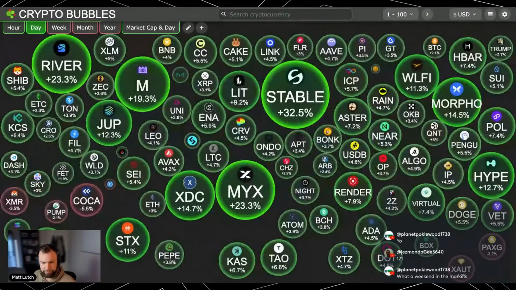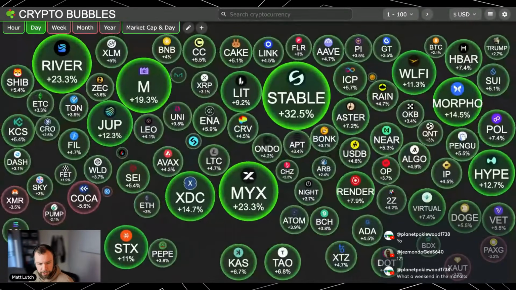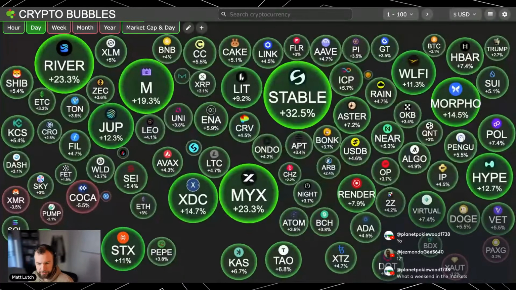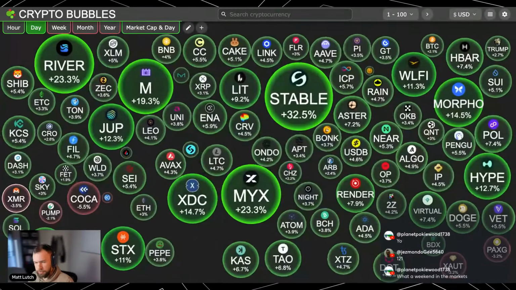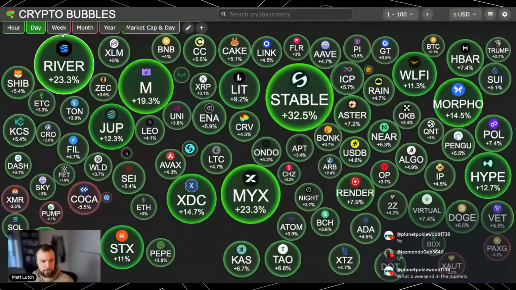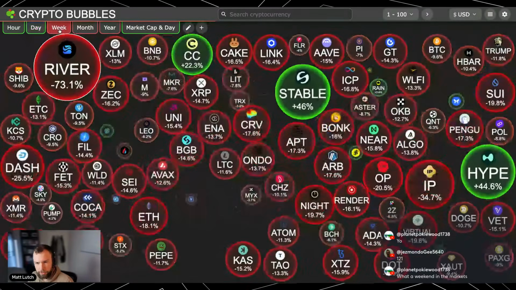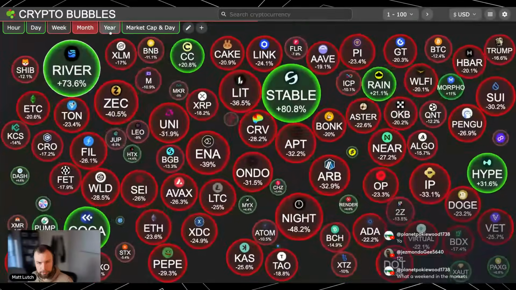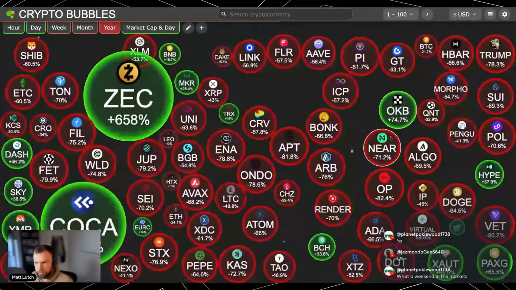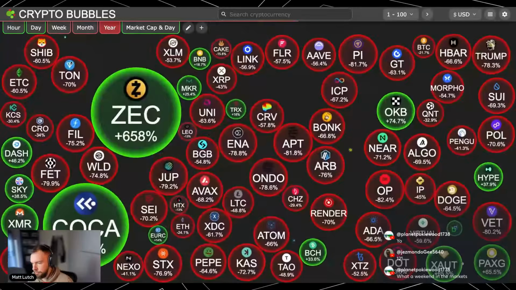And that is because we had a lot of red yesterday. So if you bought the dip, well done to you. But in a week, a lot of red. Still over a year, there's some gains, quite a bit down.